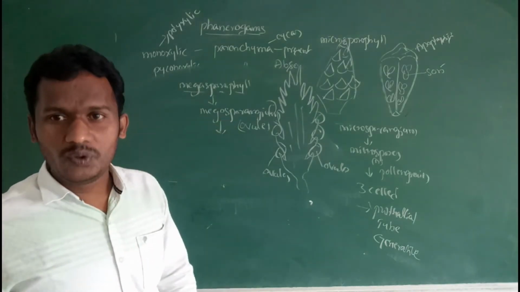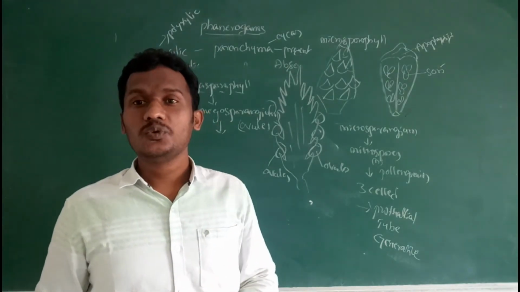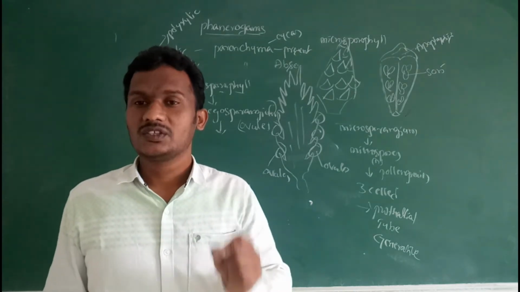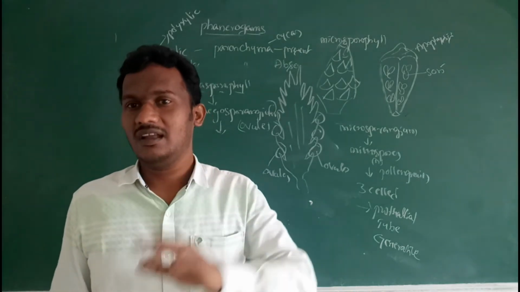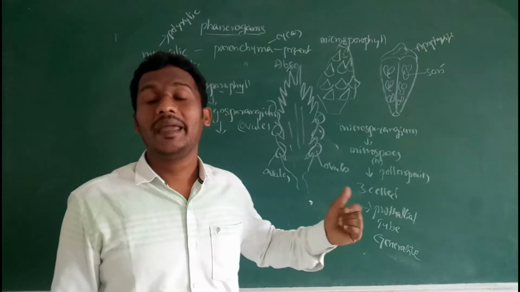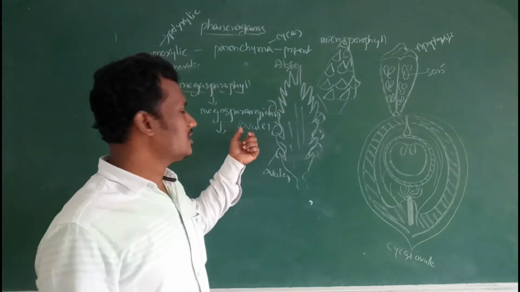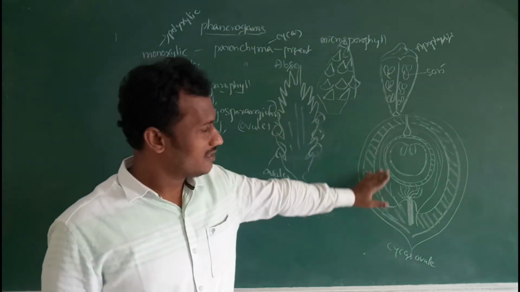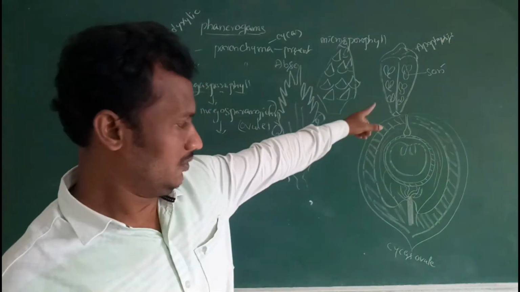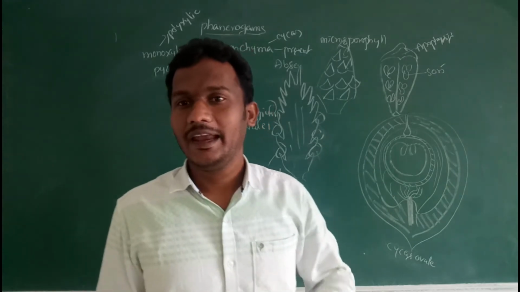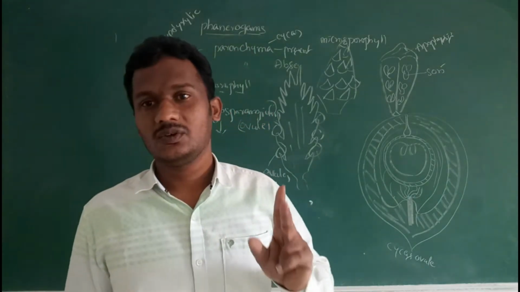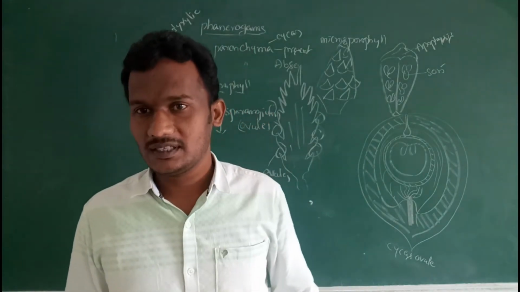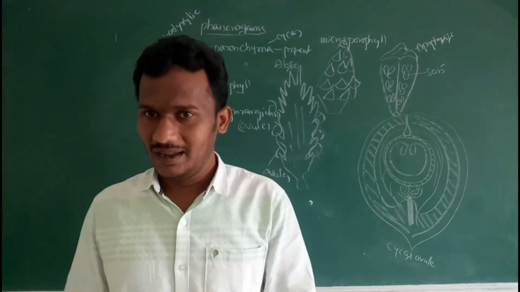Then inside the ovule, the nucellus is present. One of the nucellus cells develops into the megaspore mother cell. So the megasporangium is nothing but an ovule. In Cycas, the ovule is in an integumented condition. Generally one integument is present, so it is unitegmic.